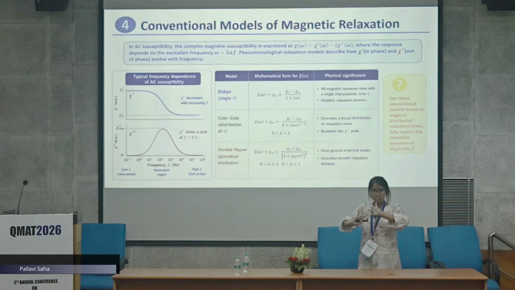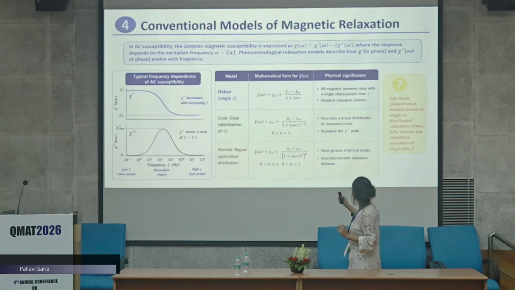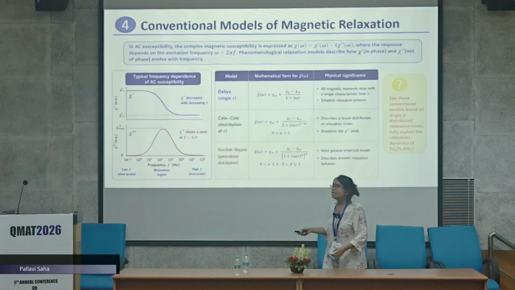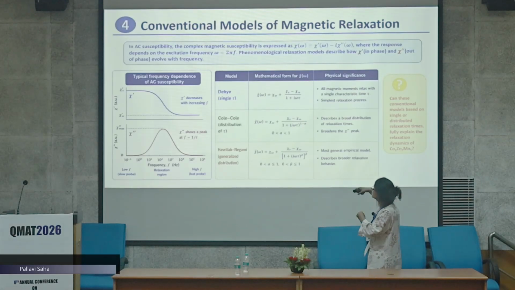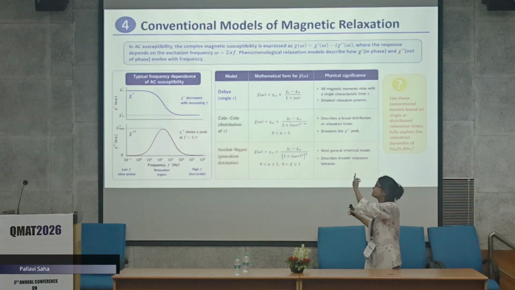So there is one relaxation time and all the moments are relaxing with the same relaxation time. And the other ones are the Cole-Davidson and Havriliak-Negami models, which are just extended Debye models, in which we use distribution parameters like alpha and beta in order to account for the distribution, which is not there in the Debye model.